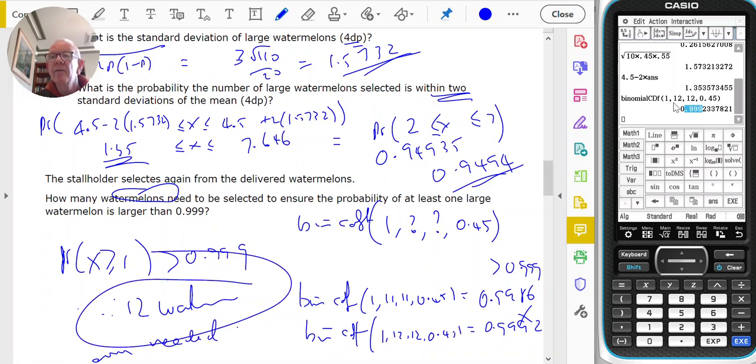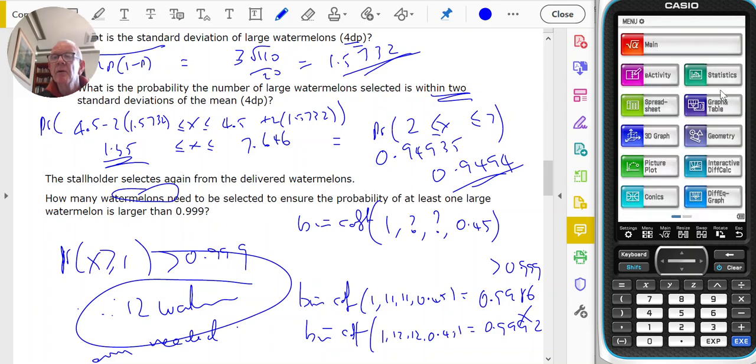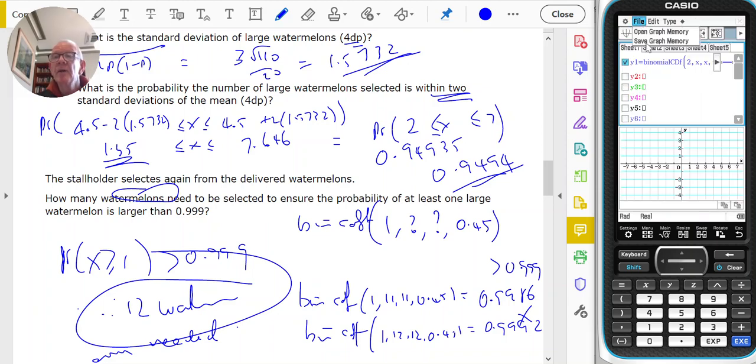Again, I could have placed an X there, and I could have picked this up, copy, jump out, go into graphs and tables, get rid of that, paste it into the field that I want, tick it, check my range.